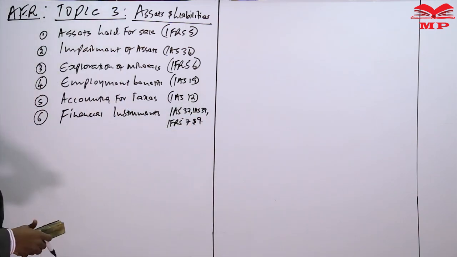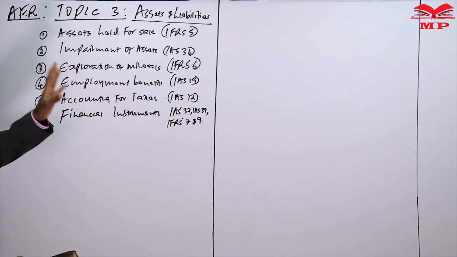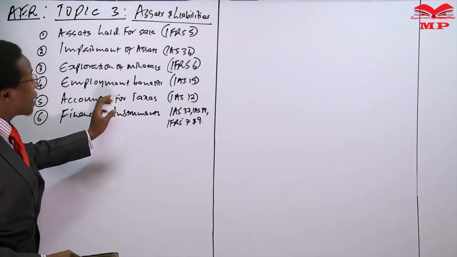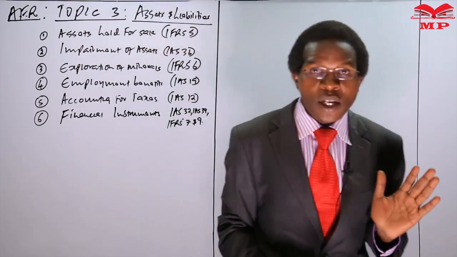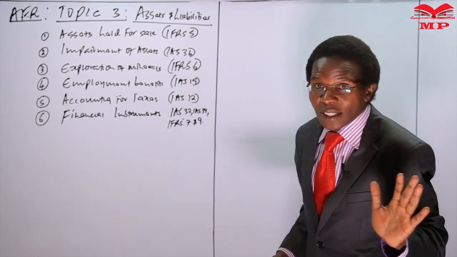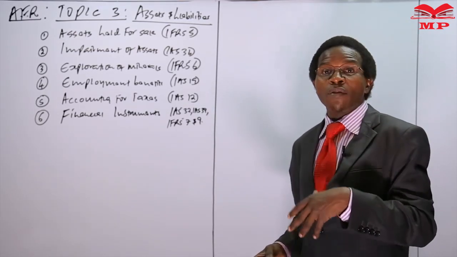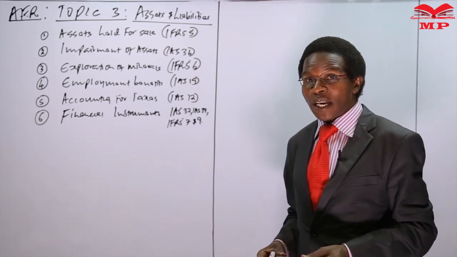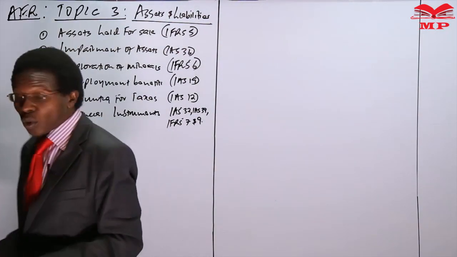So those are the elements we will want to look at in respect to assets and liabilities. Remember, as far as assets and liabilities for Section 6 Advanced Financial Reporting, that's what we'll be doing. But that does not mean that this is the only composition of assets and liabilities. We have many other items, like leases, but those are not under advanced financial reporting, they are in other levels. So this is what we are going to deal with.